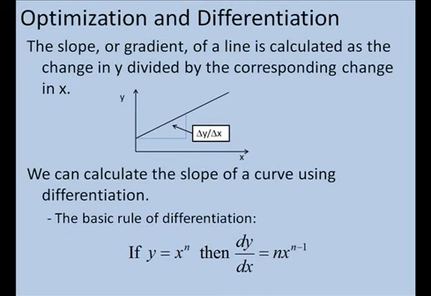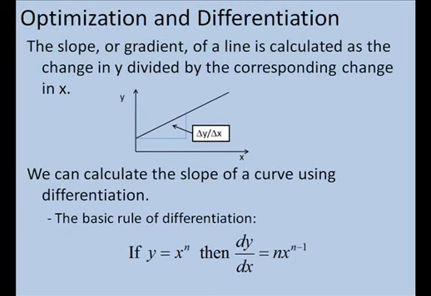How do we calculate the slope of a line? The slope of a line is calculated as the change in y divided by the corresponding change in x. We've seen this in high school. We've also seen how you can calculate the slope of a curve using differentiation.